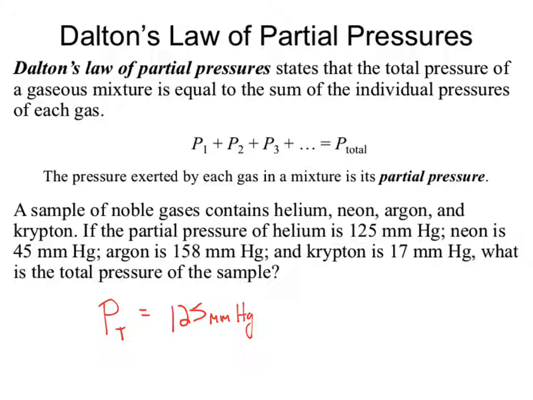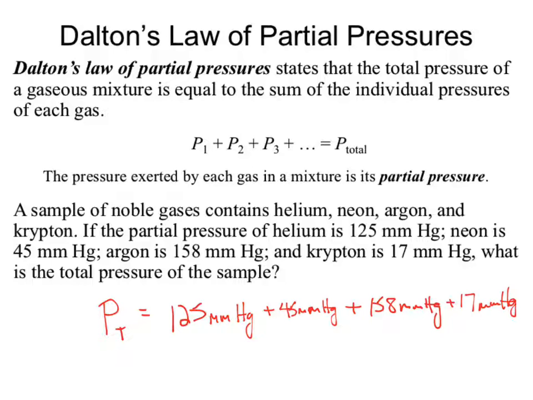Plus 45 millimeters, plus 158 millimeters, plus 17. Thoroughly exciting. Can we do addition? Yeah, there we go. We have our answer. All we do is add it all up.